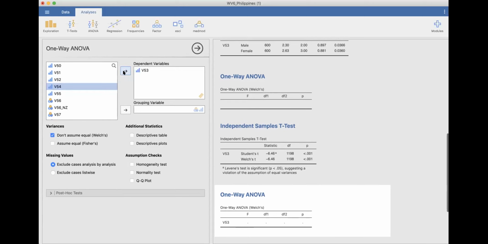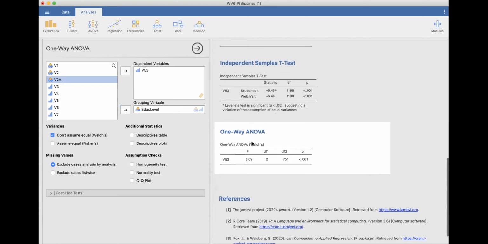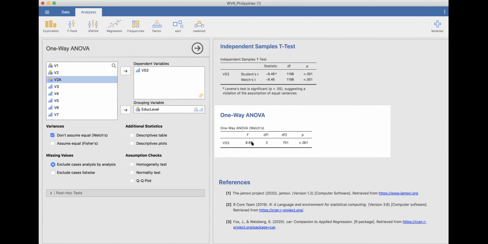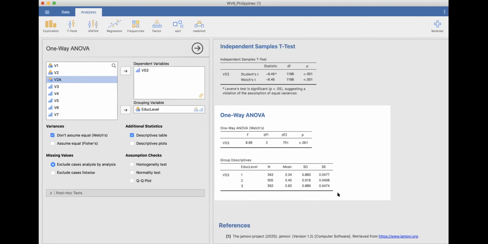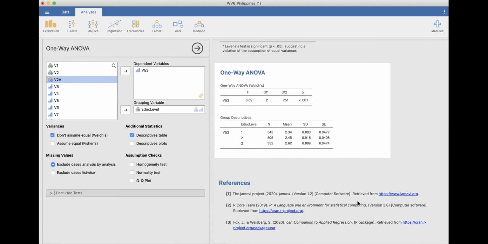That's our DV, right? This time, our grouping variable is the new variable that we created, which is education level, okay? Okay, so I'm going to stop here first. Did you get the same?